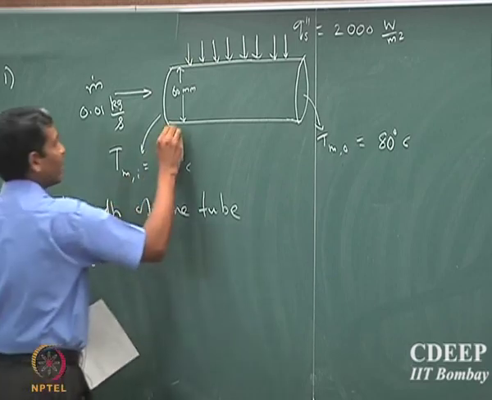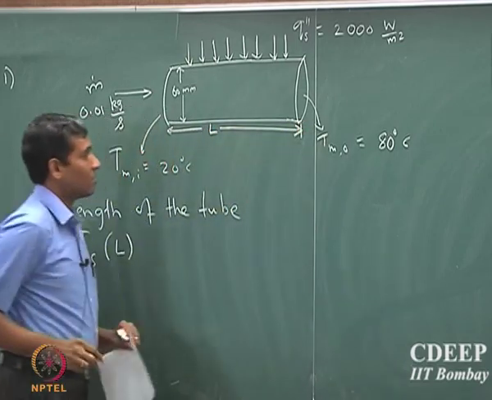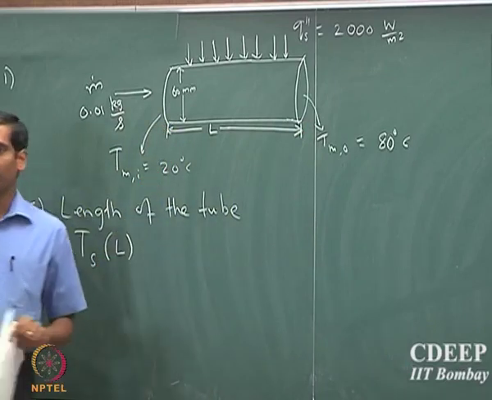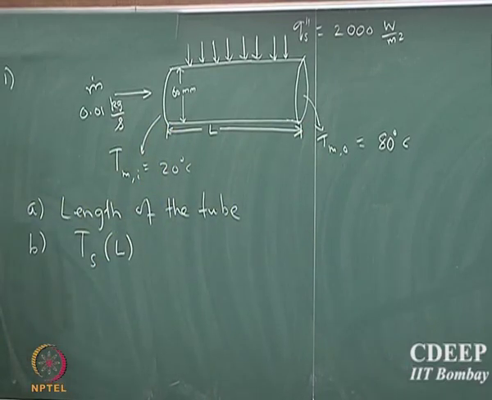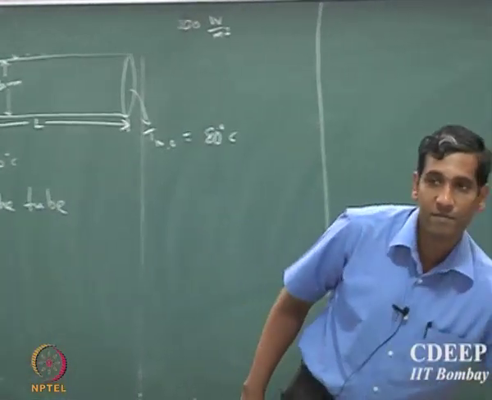Okay, so if L is the length of the tube, what's the temperature of the curved surface at L? Okay, so these are the two questions. So how do we find this?